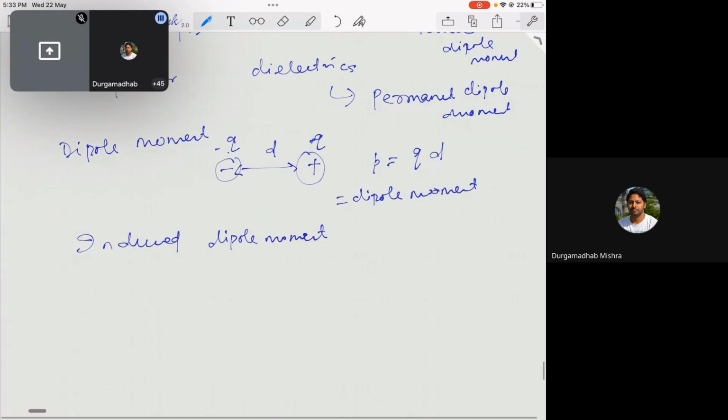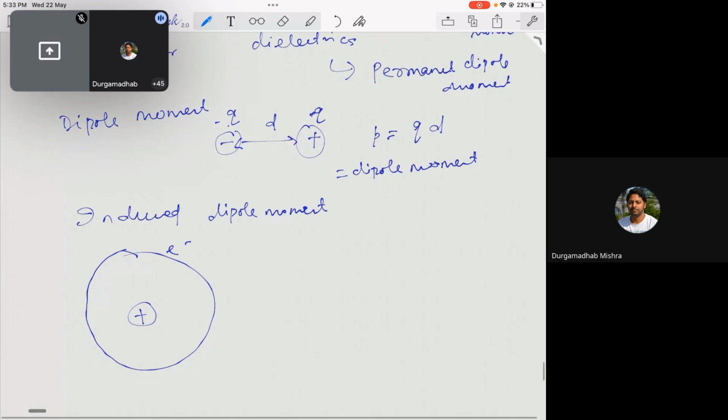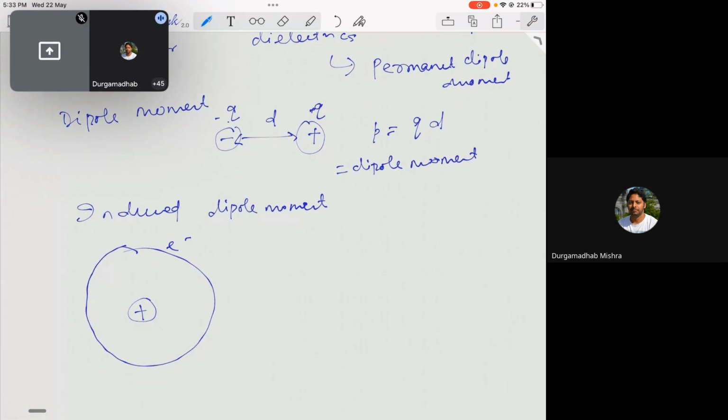You can think of a nucleus which has positive charge, and an electron orbiting around it. We assume the charge distribution of the electron is symmetric around this positive charge, which is at the origin.